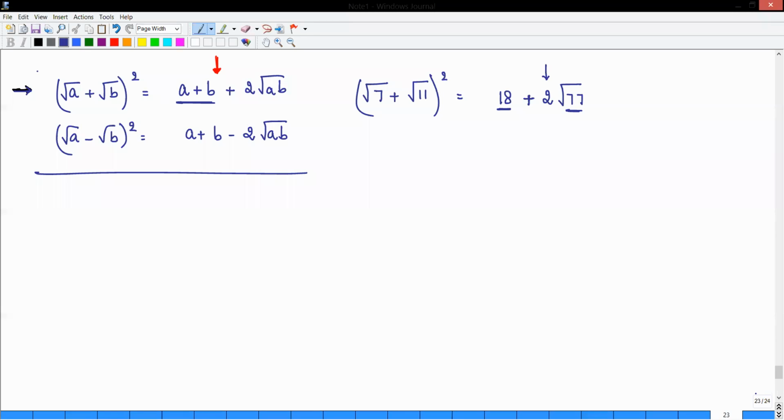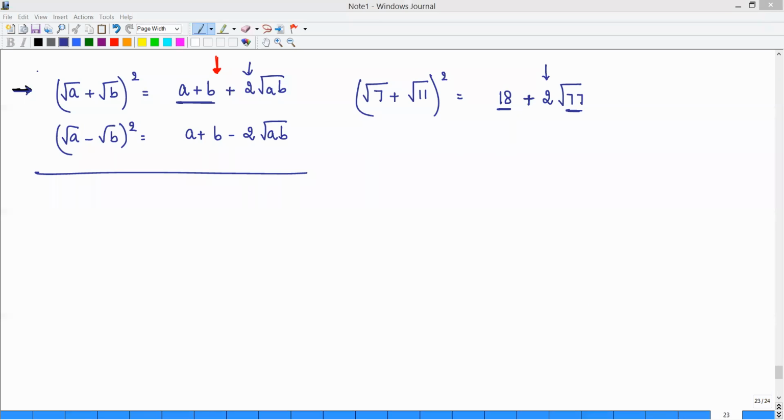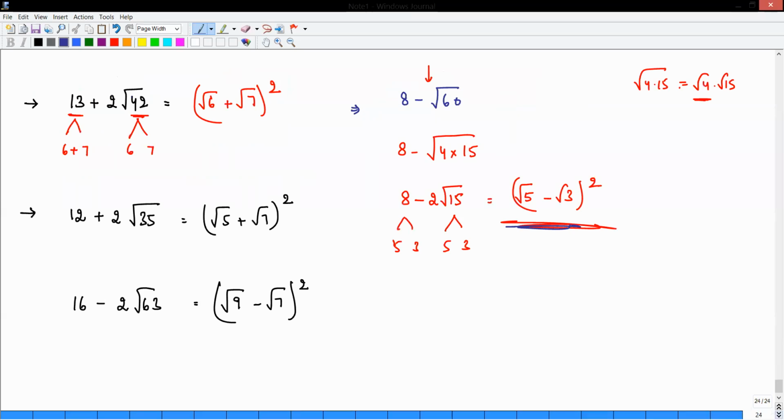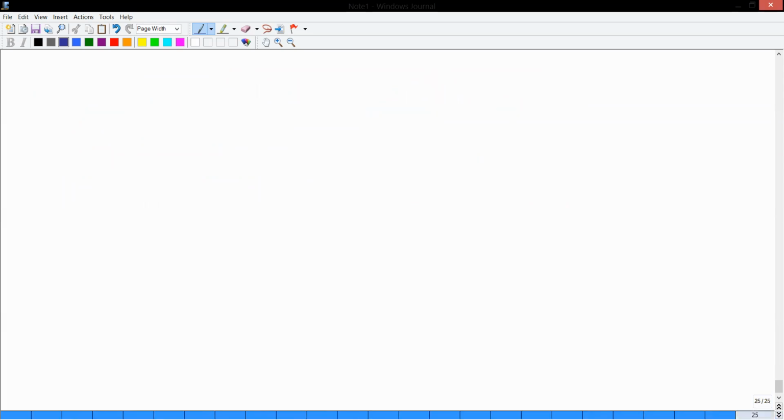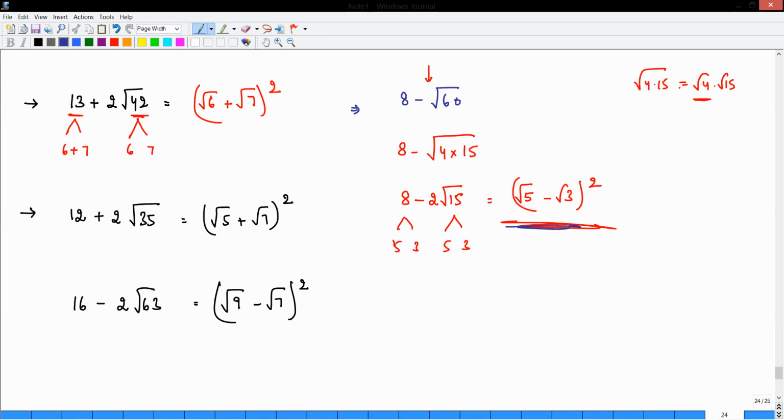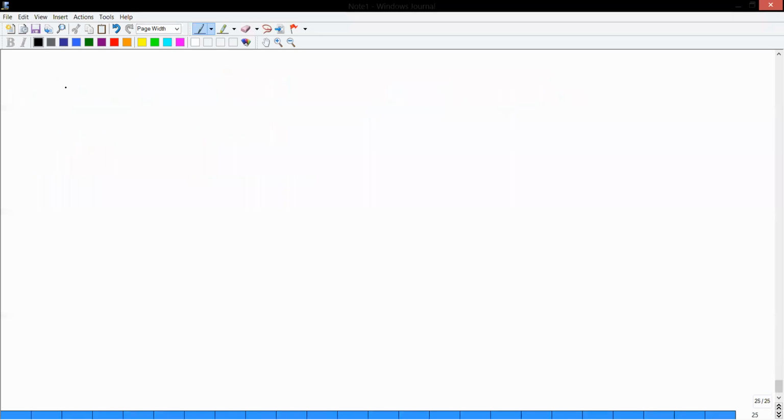Look at the formulas. Root of A plus root of B whole square, root of A minus root of B whole square. If this 2 is not there, this should be the format. Suppose sometimes you'll have just 2 plus root 3. You can clearly see that 2 is missing. Can I get 2 from inside?